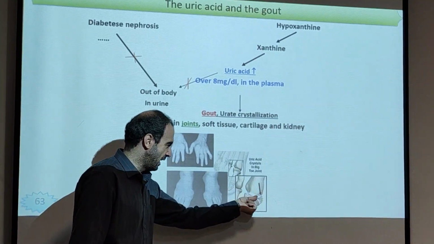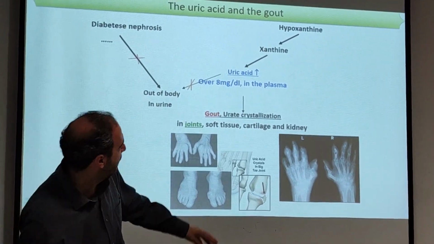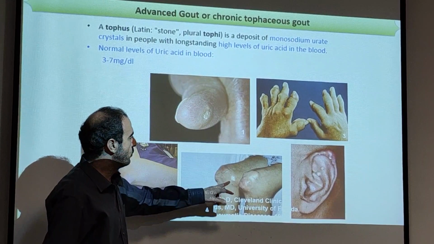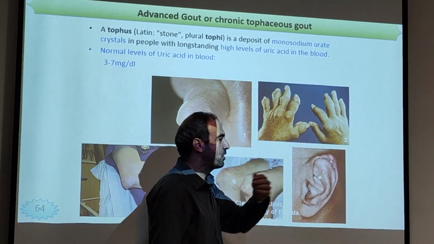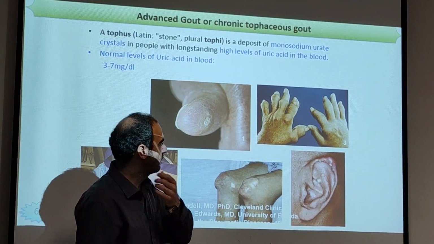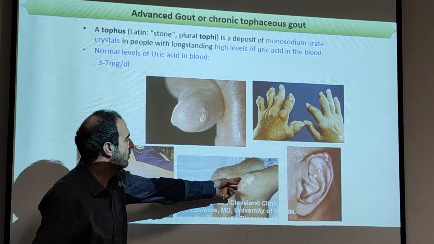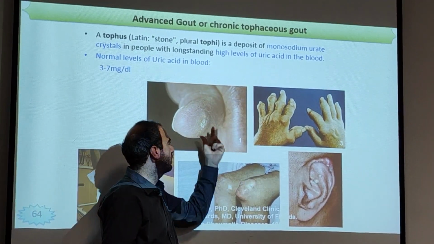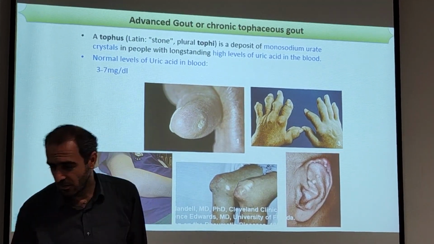Also, uric acid can accumulate between joints, in the ear and some fingers, and also in their hand, this position of their hand. Uric acid is accumulated, and this is known as gout.